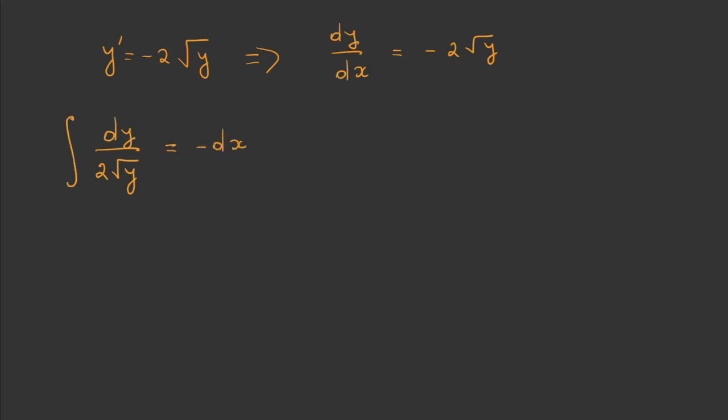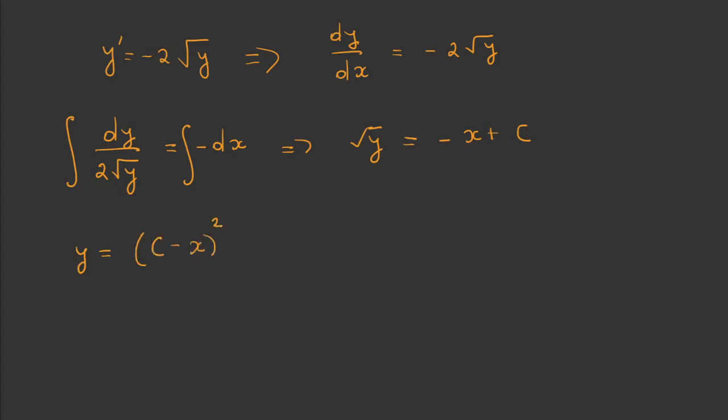Integrating both sides, we find square root of y on the left-hand side, which is the antiderivative of 1 over 2 square root of y. The integral on the right-hand side equals negative x plus c. At this point, we can solve for y by raising both sides of this equation to the second power to find that y equals (c minus x) squared.